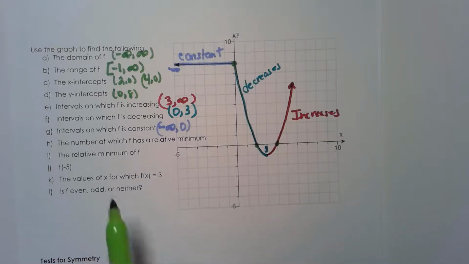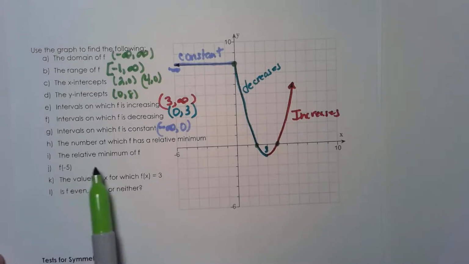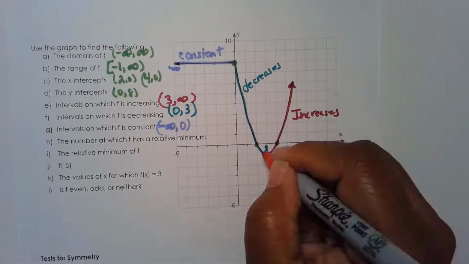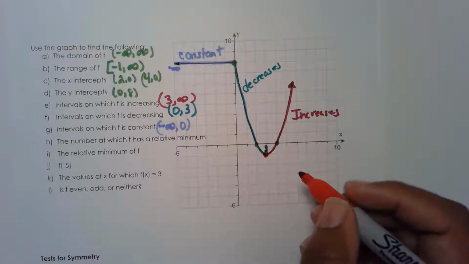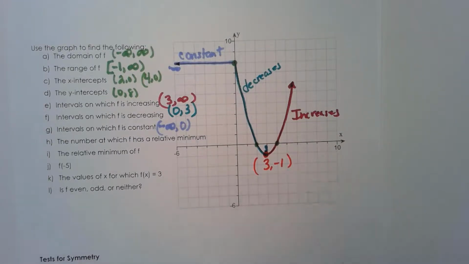Next, it says the number at which f has a relative minimum. And then the relative minimum of f would be what? So what is the smallest possible value here? We have 3, negative 1. So remember I showed you how to write this out.